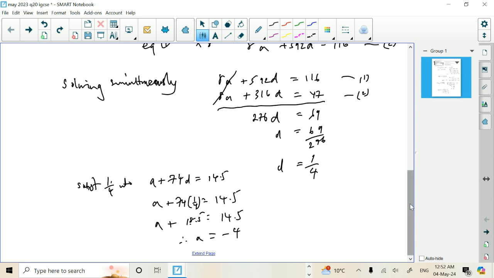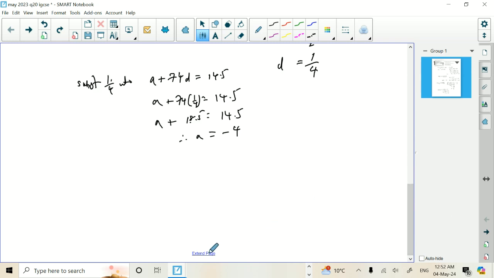So we've got values of a, and we have values of s and d. So let's write that. We're going to use, of course, Sn is equal to n over 2 times (2a plus (n minus 1)d).